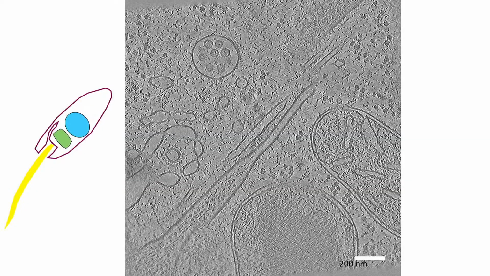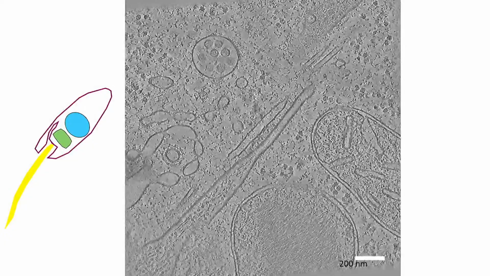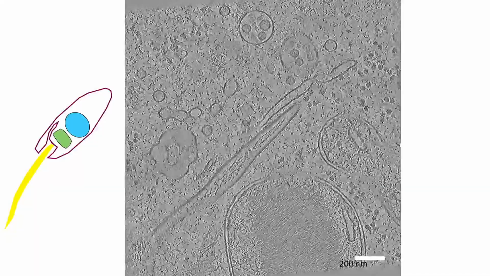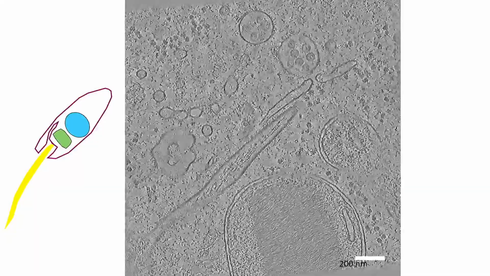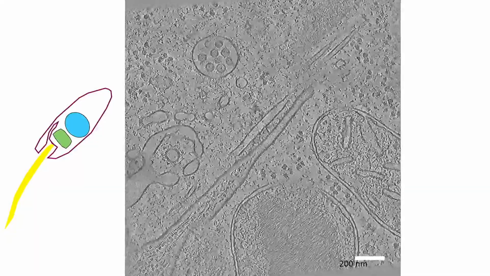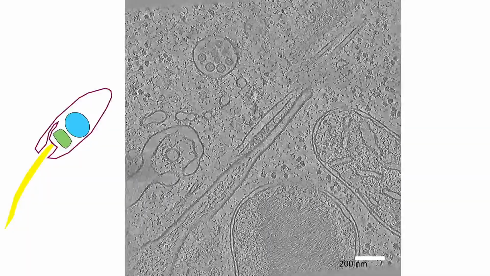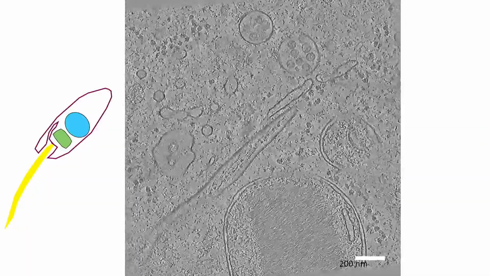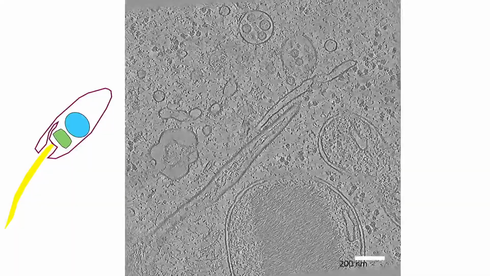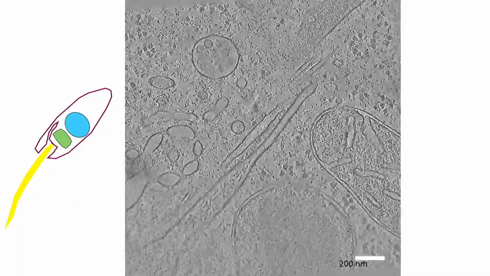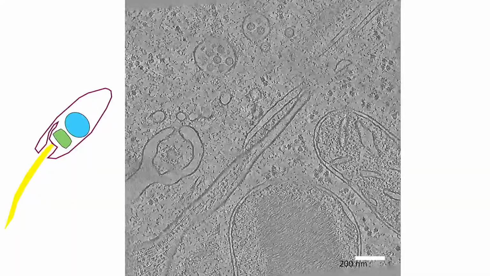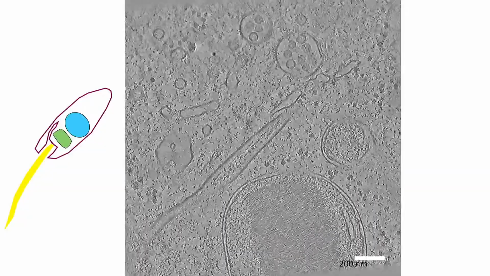And one of the most astonishing tomograms that we had was this one, where I finally found the cytopharynx. So I tried to make a scheme of the parasite. I'm sorry, I'm very bad at drawing. And you can see here the flagellum, the cell body, and there is a small invagination here that comes from inside the flagellar pocket.